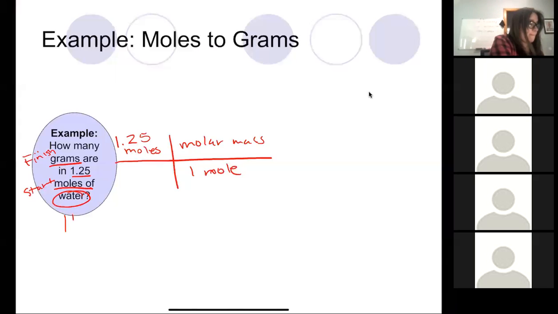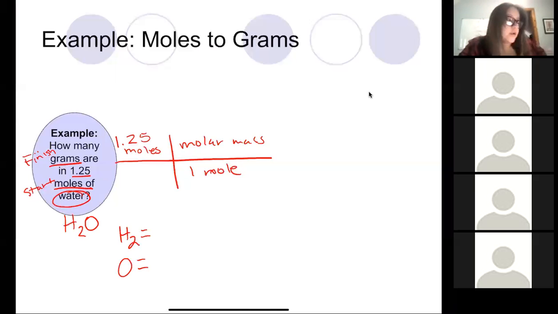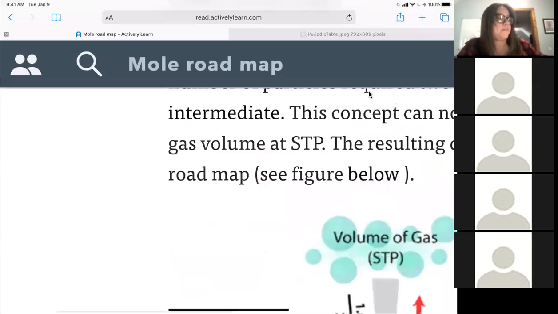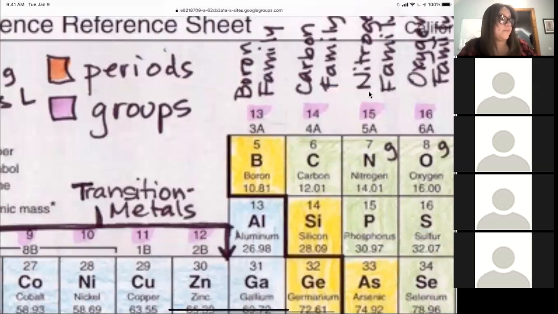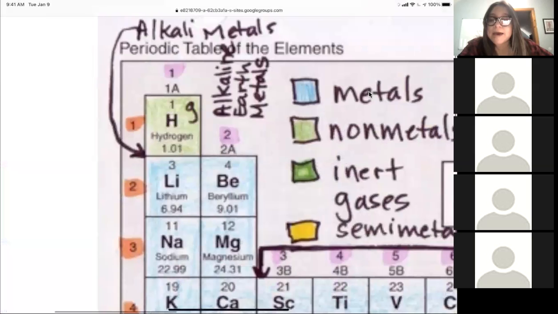H2O. Yep, H2O. We need to find the mass of 2 H's and the mass of 1 O. We need to use our periodic table.